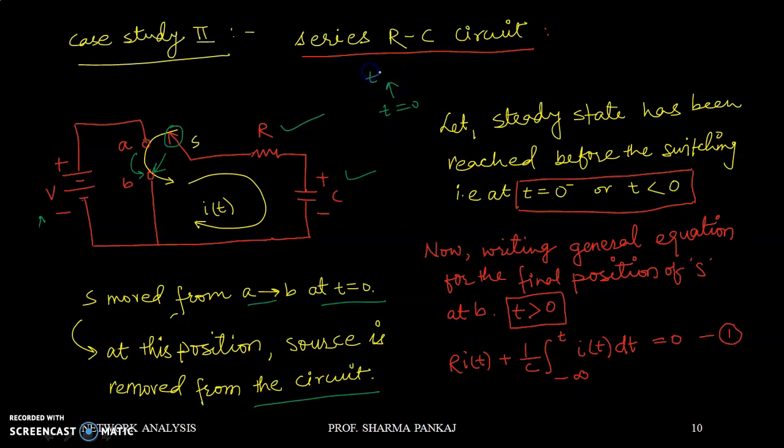Now, writing the general equation for the final position of the switch at B, at t is equal to 0 plus: R i(t) for the resistor plus 1 by C integral from minus infinity to t of i(t) dt is equal to 0.